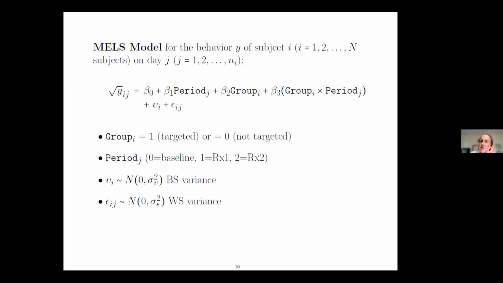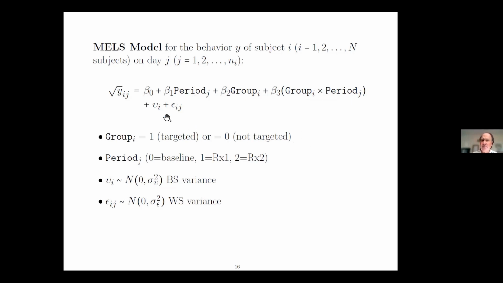So really, here's the mixed model I'm going to be describing. Again, it's MELS, for mixed effect location scale. In terms of the mean part, I'm going to have this behavioral outcome from subject i at time point j. I've got 3 very simple covariates: period, coded 0, 1, 2; group, just whether the behavior was targeted or not; and then the group by time interaction.